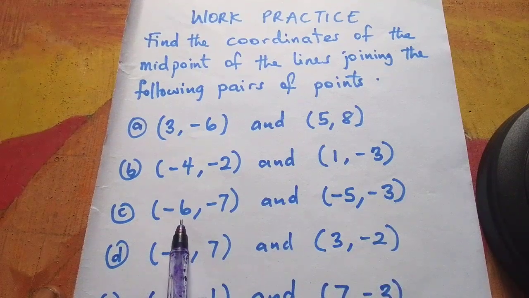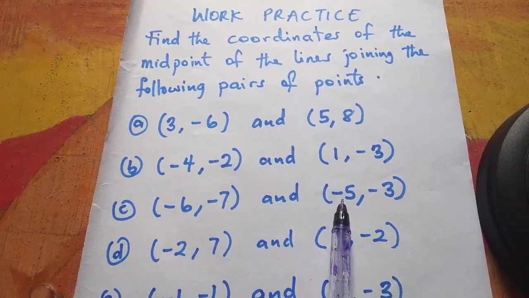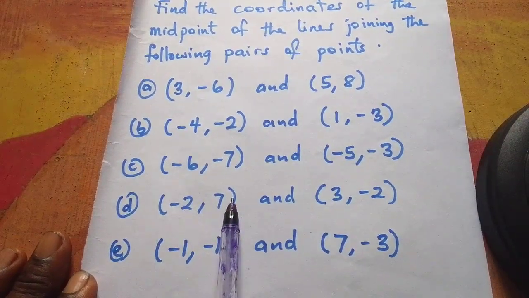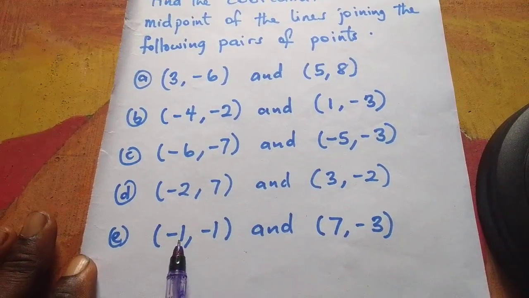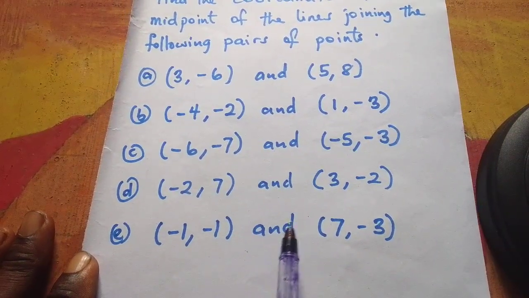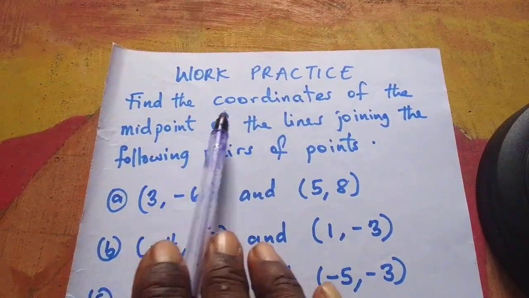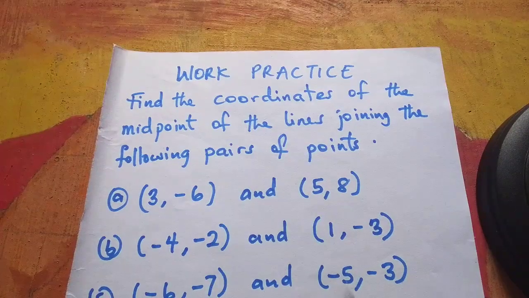C, coordinate -6 -7 and that of -5 and -3. D, -2 -7 and 3 -2. E, -1 -1 and 7 -3. So you have to find the coordinate of the midpoint of the lines joining the pairs of points.